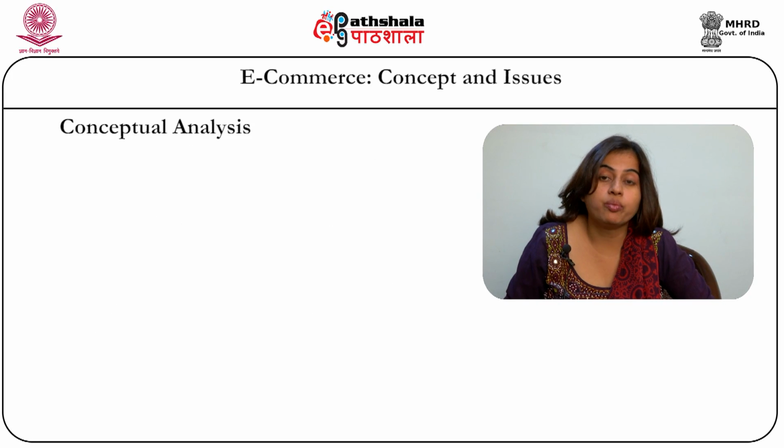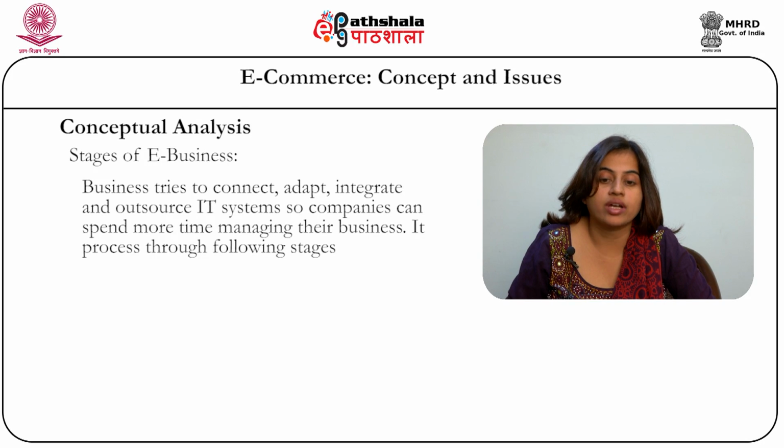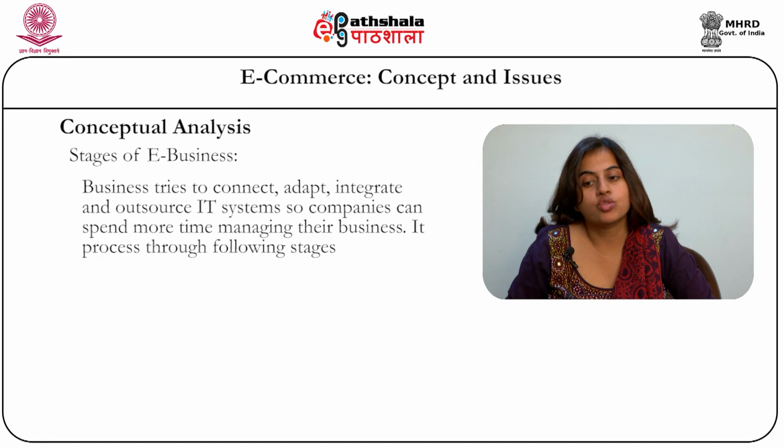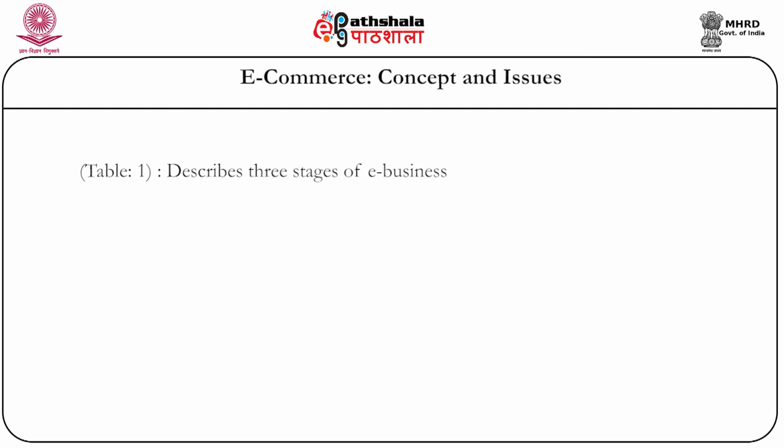The next important point is the stages of e-business. Businesses try to connect, adopt, integrate and outsource IT systems so companies can spend more time managing their business. It proceeds through different stages. Look at Table 1, which describes 3 stages of e-business.